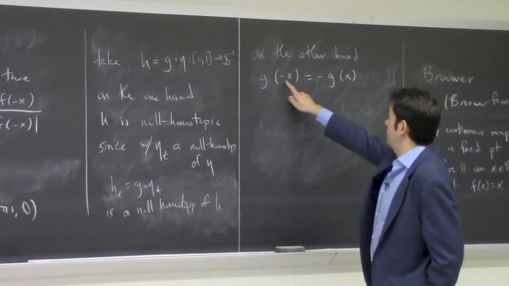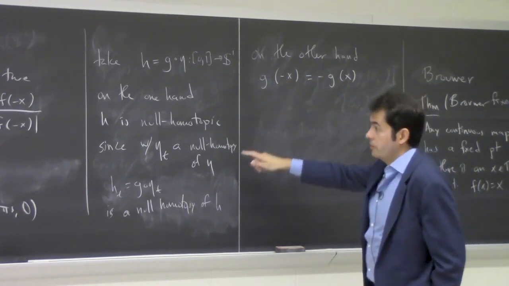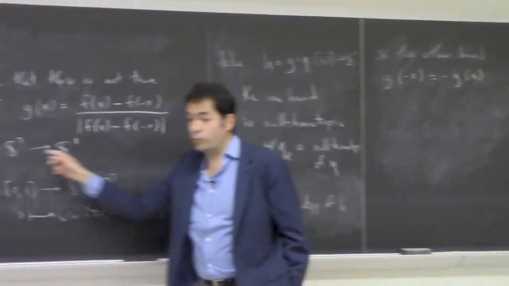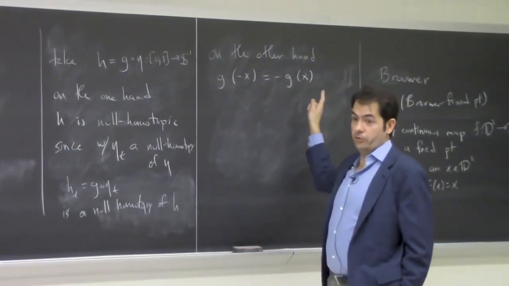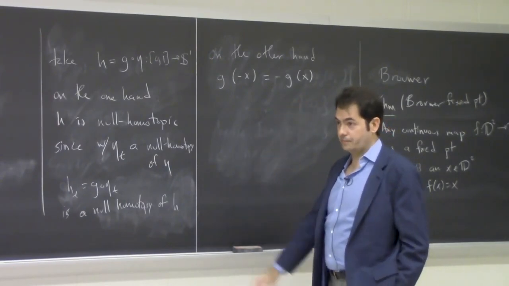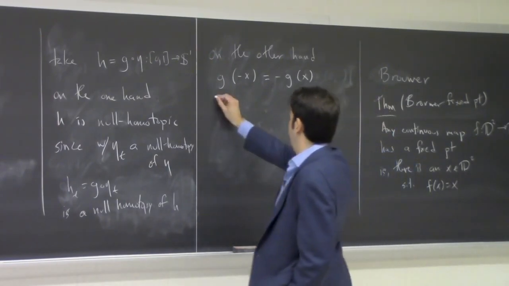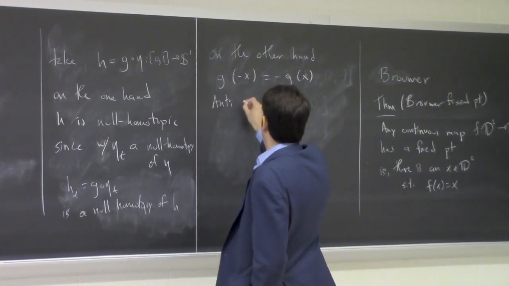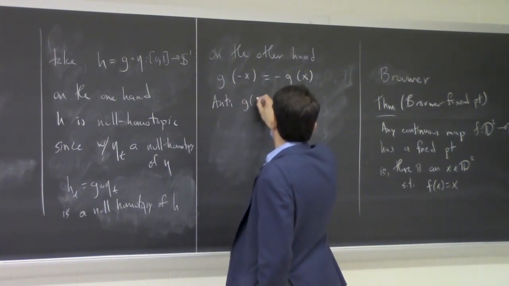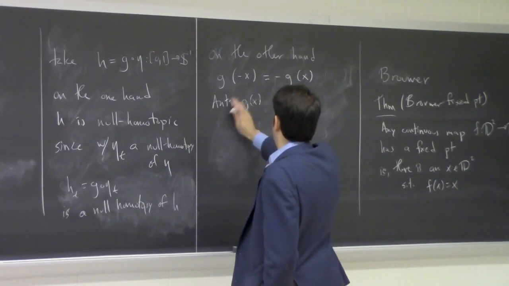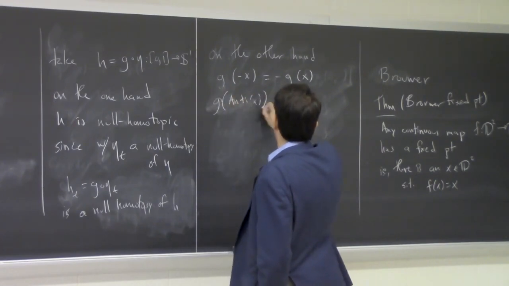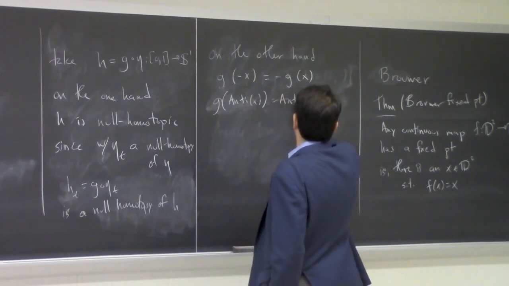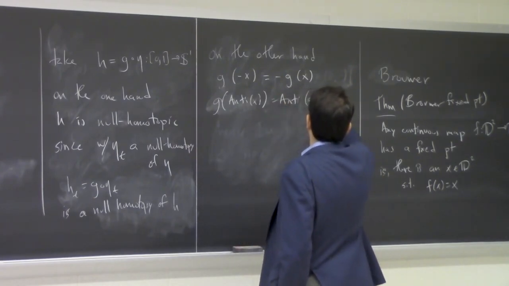Of course, you should think of things as living in S2 or S1. So this says that G takes antipodal points to antipodal points. Right? In fact, maybe, let's say, G of the antipodal point of x is equal to the antipodal point of G of x.